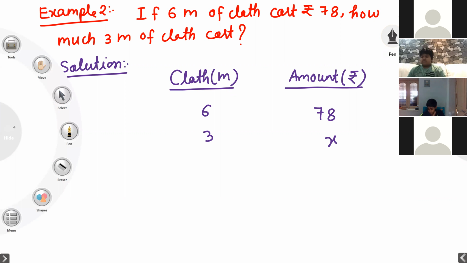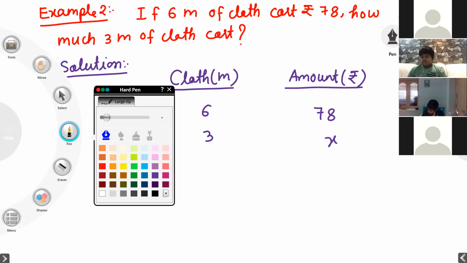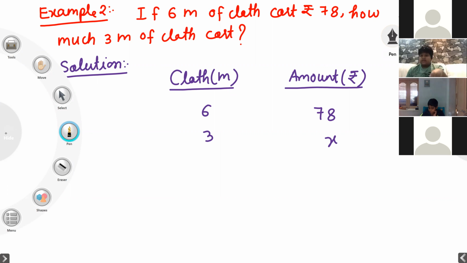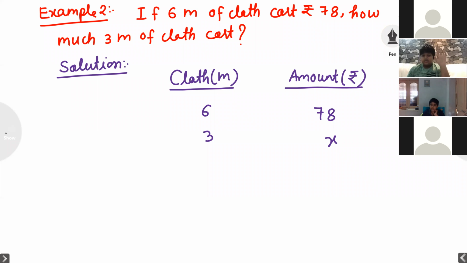6 to 3. Is it decreasing or increasing? Decreasing. In the case of direct variation, both arrows will be down only. Again, which method? Cross multiplication. X into 6 is equal to 3 into 78.